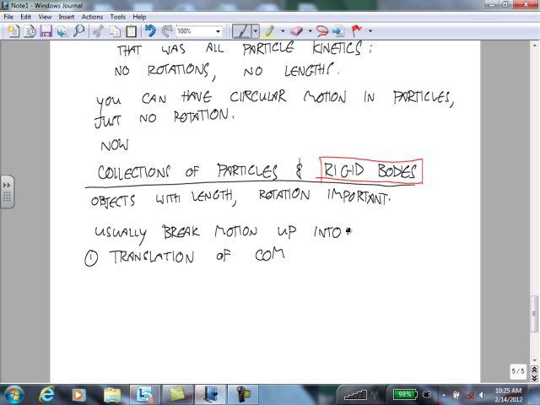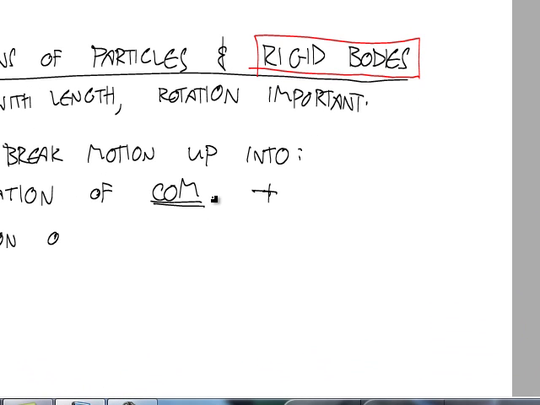Well, that question doesn't have a defined meaning yet, right? Because the velocity of this point at this instant, its velocity vector is like this. At this point, its velocity vector is that way. So what's the velocity? There's infinitely many answers. We're going to usually break this motion down into translation of the center of mass, and we're going to add to that motion rotation of individual points about the center of mass.